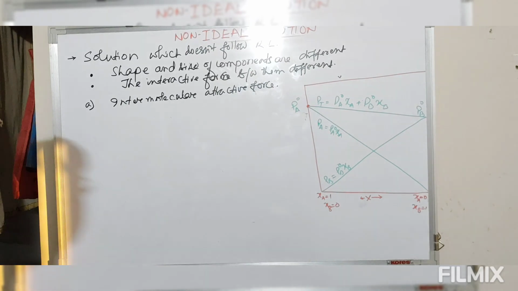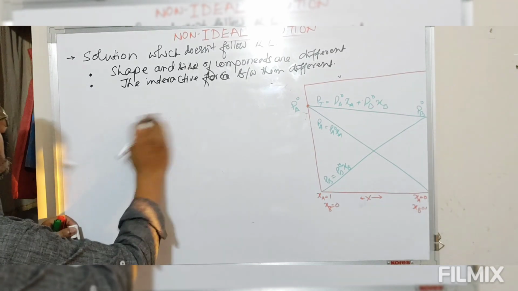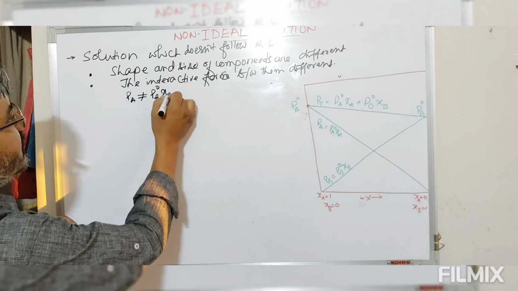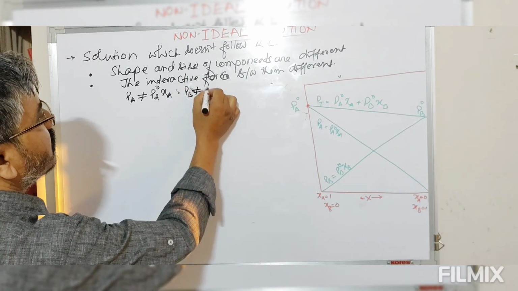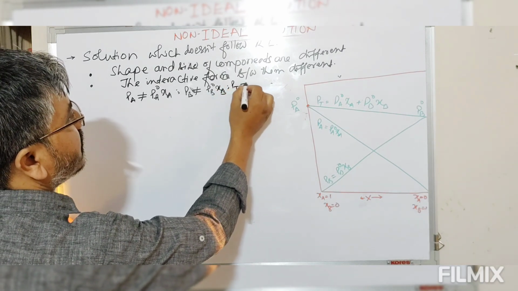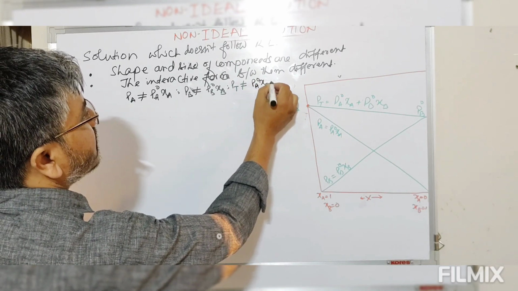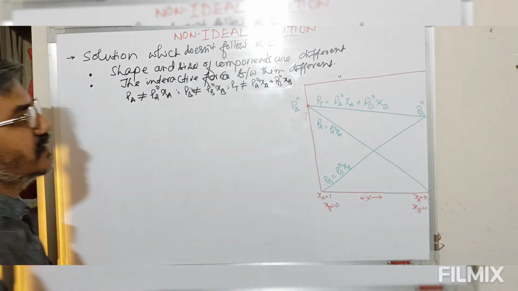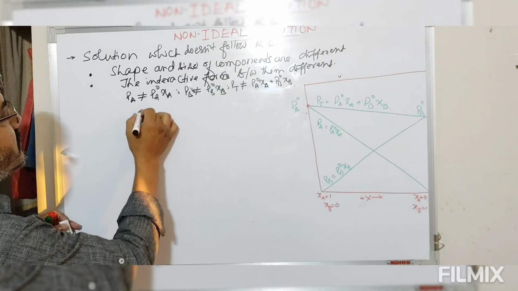For these types of solution, PA is not equal to PA naught XA and PB is not equal to PB naught XB, and total pressure is not equal to PA naught XA plus PB naught XB, because this is the one predicted from Raoult's law. If this is the condition, then look at this.